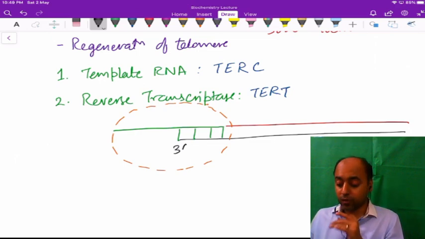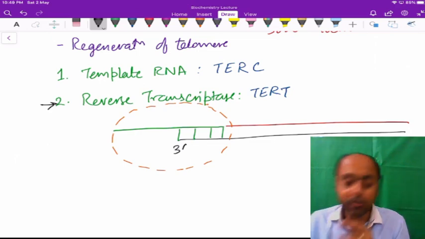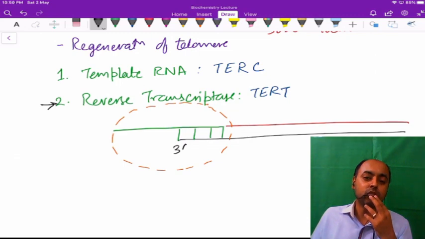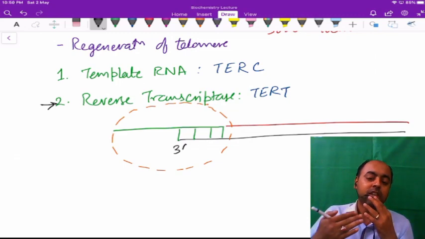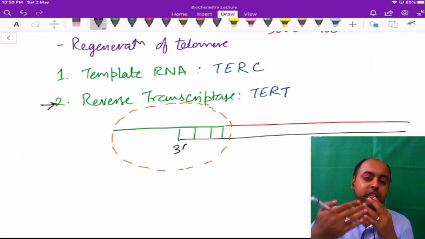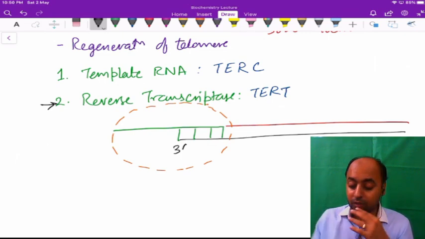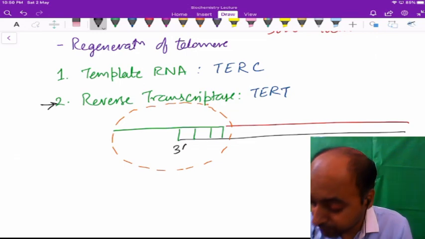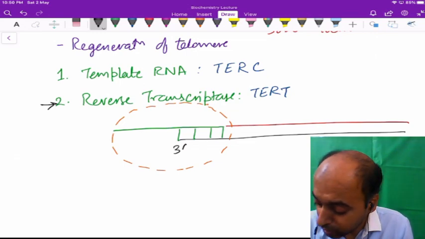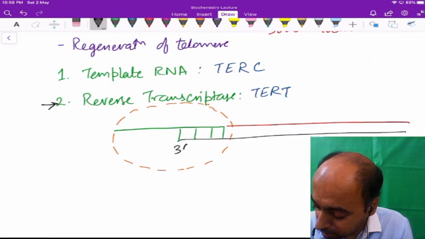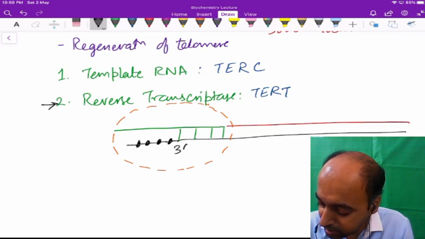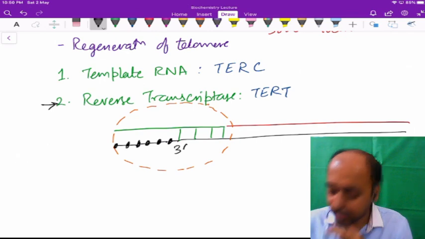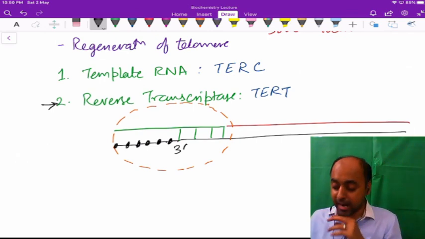So now what we can do is use the enzyme reverse transcriptase. What does reverse transcriptase do? Normally, transcription converts the DNA into RNA. When we say reverse transcriptase, we convert the RNA back into DNA. So looking at the RNA sequence, we write the complementary DNA nucleotides and extend the DNA at the 3' end.